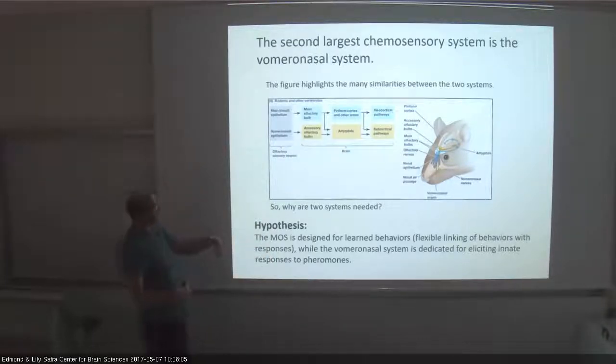And in contrast, the vomeronasal system is viewed as a system that's devoted for innate responses to a more limited set of cues. So the things that are associated with it are innate behaviors, social behaviors, reproductive behaviors, and aggression, and that's supposed to be the specialization of the vomeronasal system.